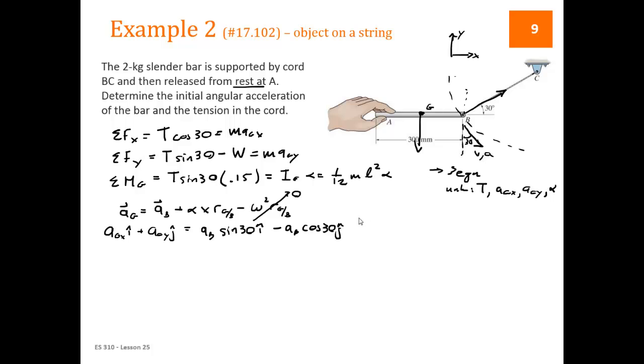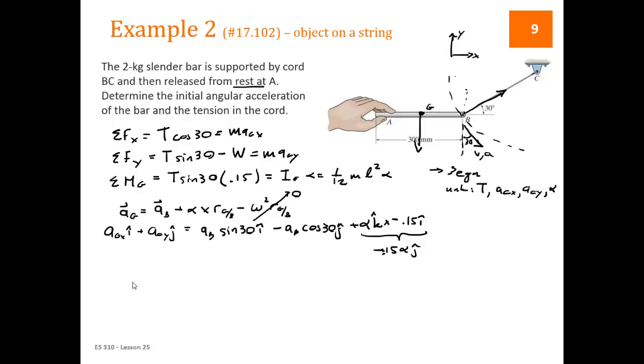The y part is negative because it's going down. Then we have plus alpha, which is in the k hat direction, crossed with r of G relative to B, which is in the negative i hat direction, so negative 0.15 i hat. Taking this cross product, positive k crossed into negative i gives us negative j, so this is 0.15 alpha in the negative j hat.